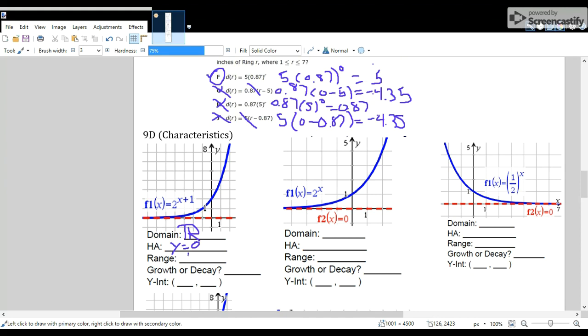The range, you carry down the y, you carry down the 0. The graph is above the horizontal asymptote, so it's greater than. The base is 2, that's bigger than 1, so it's a growth. And the y-intercept is 0, 2.